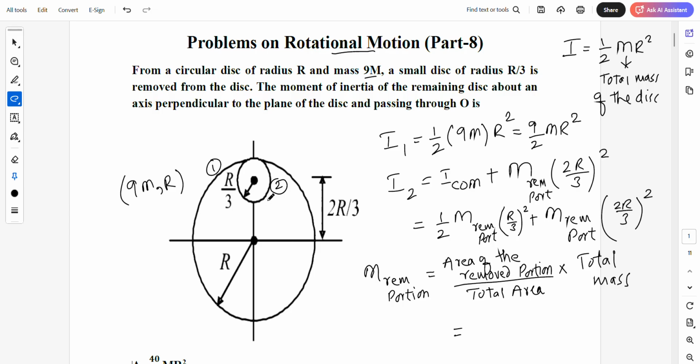What is the area of the removed portion? This is the removed portion. Pi into what is the radius? Radius is r by 3 the whole square.